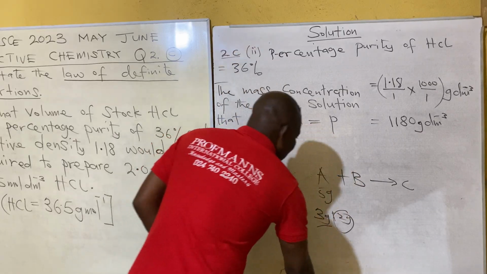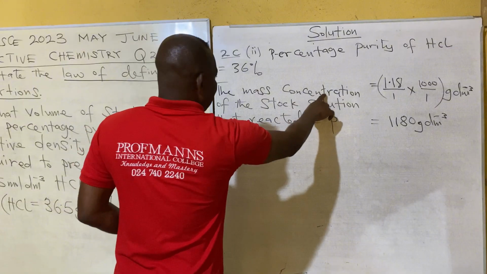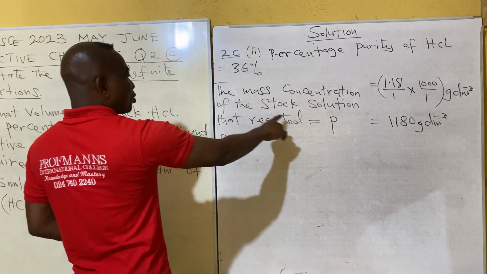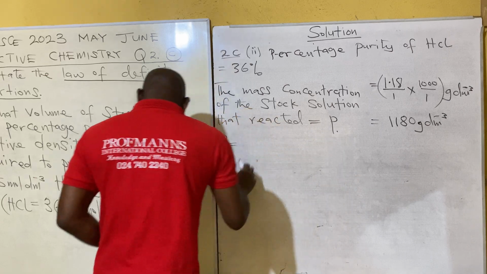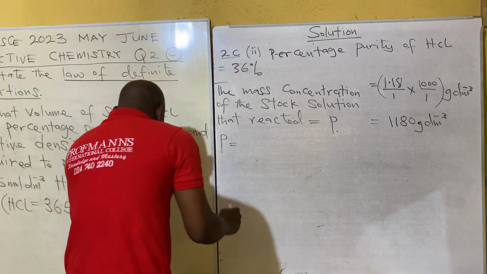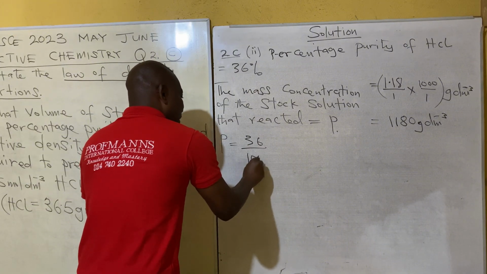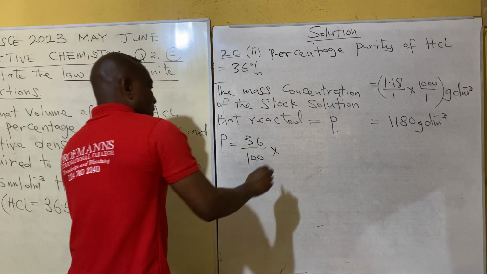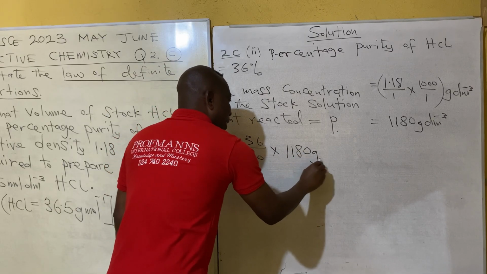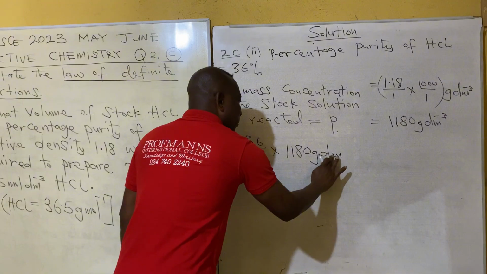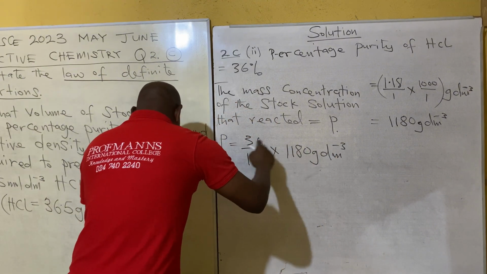So we are going to say that the mass concentration of the stock solution that reacted is equal to P, full stop. So P is equal to 36 over 100 times 1180 gram per dm cube. So here we are going to multiply this by that.